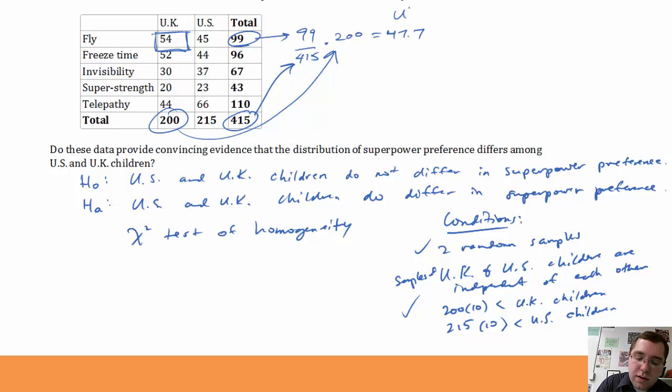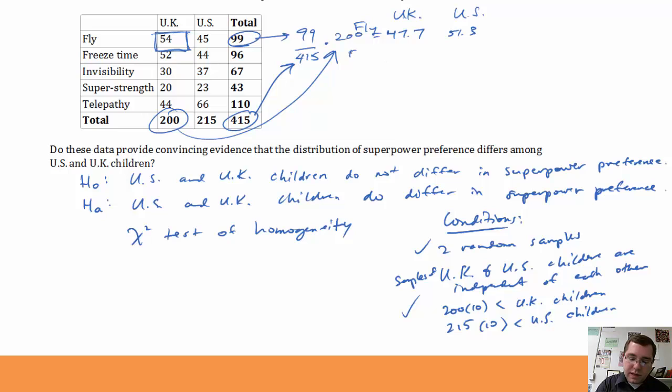So UK versus US for flying, we'll have 47.7. If you do that for each one, for the US we'll do 99 divided by 415 times 215, and that'll give us 51.3.